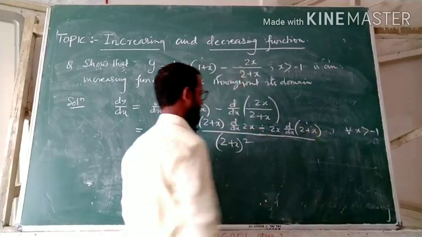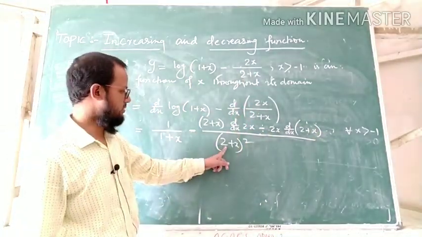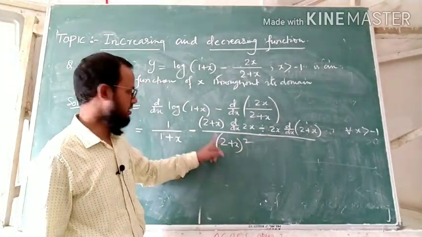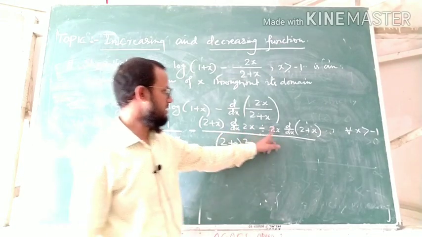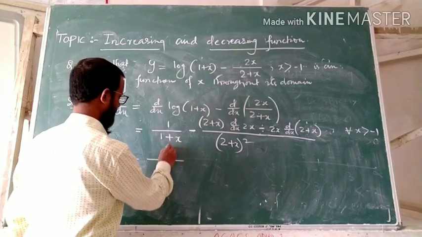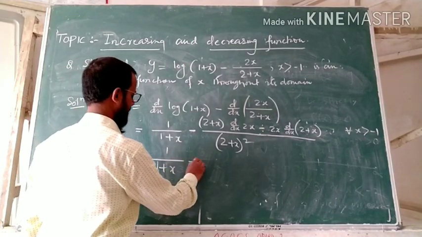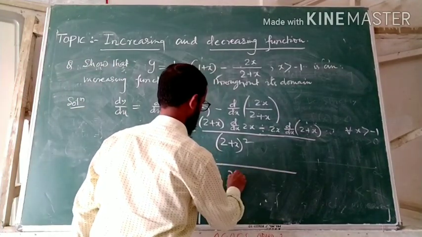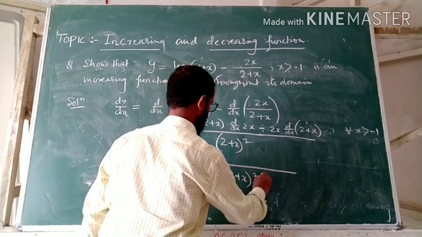What formula I am applying, u by v, v स्क्वायर, नीचे क्या होगा, v स्क्वायर, start of v into d/dx of u minus u into d/dx of v. So the calculation is 1 by 1 plus x minus 2 plus x whole square.